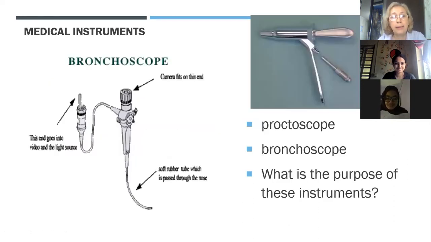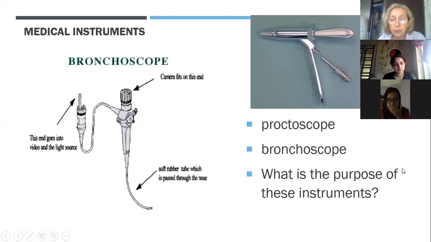Well, now let us have a look at the next slide. Here we can see some medical instruments. There are 2 of them, as you can see, the proctoscope and bronchoscope. Judging by the names of these instruments, I think that you've heard about them.